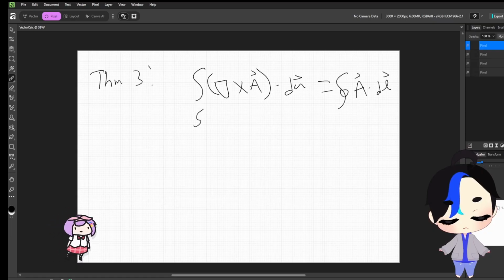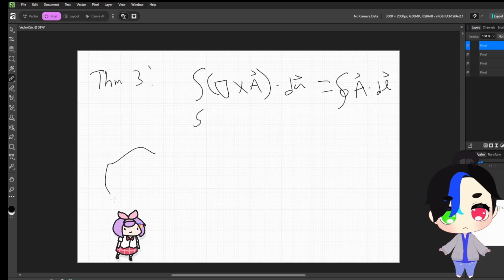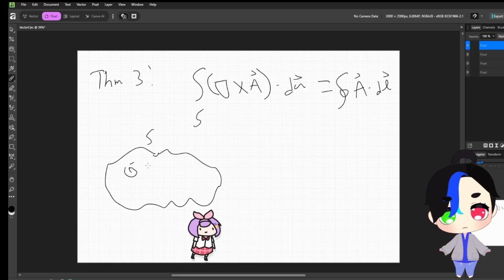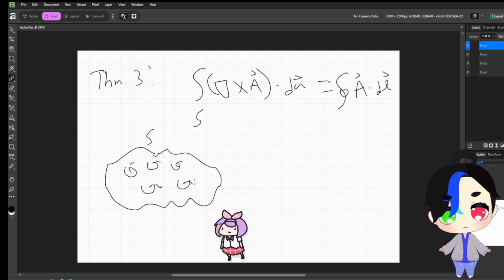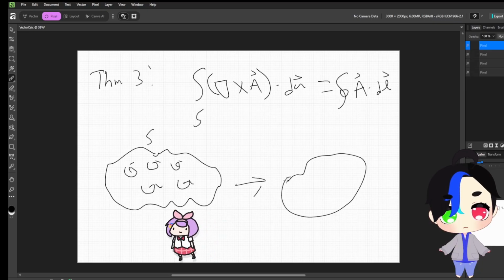What this means graphically is, if I have some open surface, S, and I want to take the curl, so I add up all the rotations of the vector field that lie on this surface, this is equivalent to just adding up the contributions of the vector field itself along the path defined by the boundary of the surface.